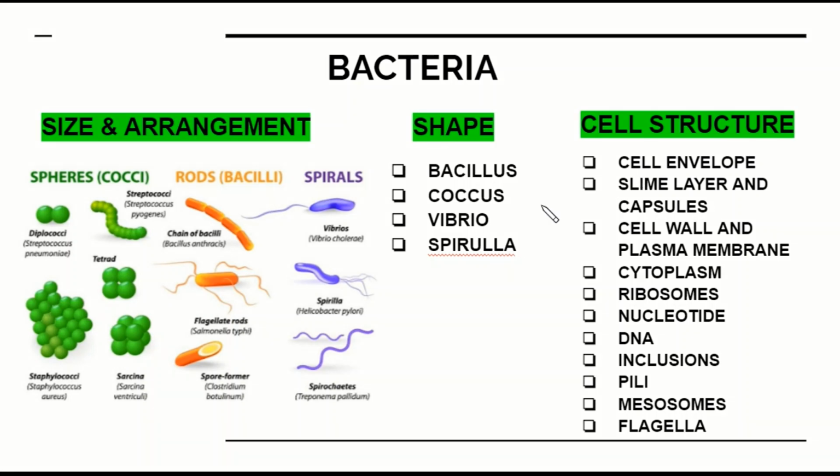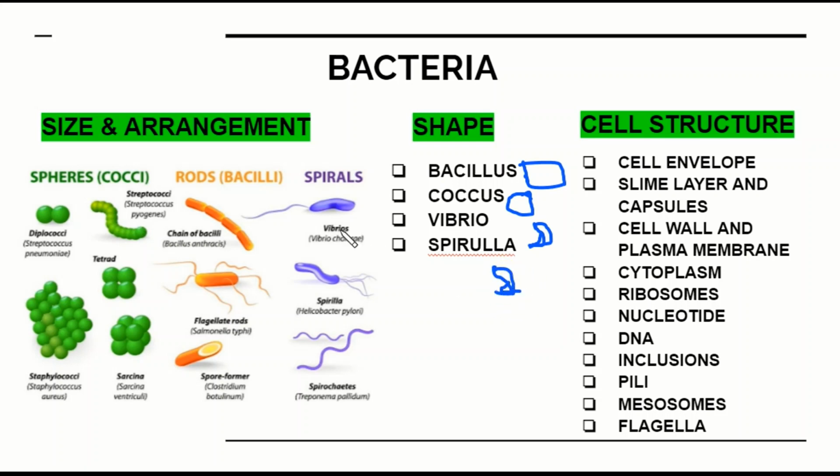Bacillus is a rectangular, you can say rod shaped structure, while coccus are sphere shaped, while vibrio is comma shape. It is fully this comma shape, while spirilla are curved. This is less than the vibrio shape. This one is fully curved and this one is semi-curved.